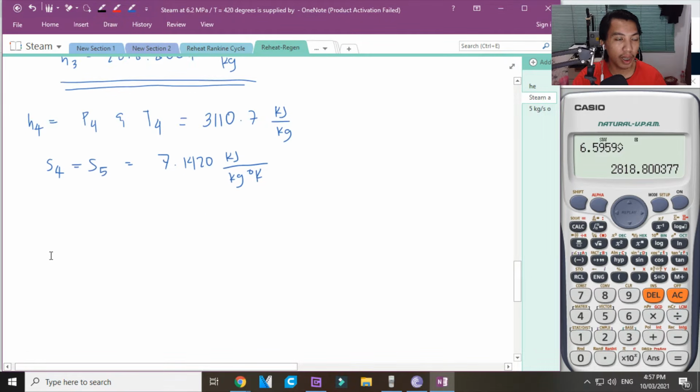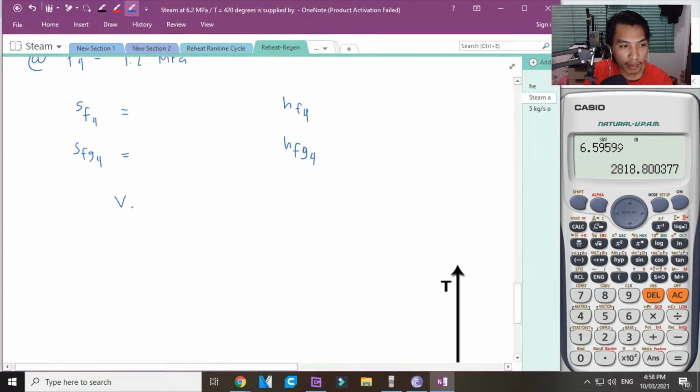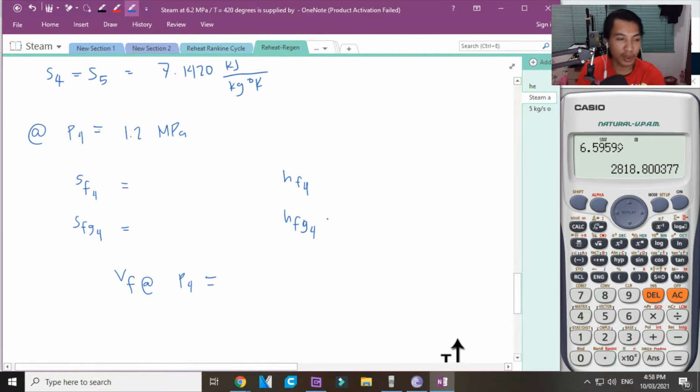In order to check the quality, find at pressure 4 the SF, SFG, HF4, HFG4, and VF. P4 is equal to 1.2 MPa. We need that.